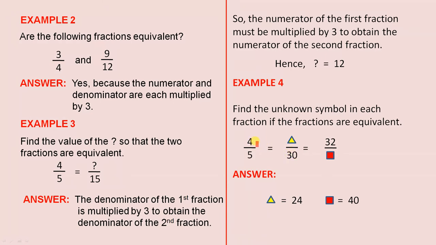So 6 4s are 24. So the triangle's 24. Now, we have 4 here and we have 32 there. 8 4s are 32. So to obtain 32, you multiply the 4 by 8. So 8 5s are 40. So the square is 40.